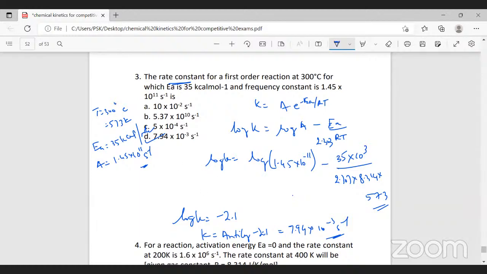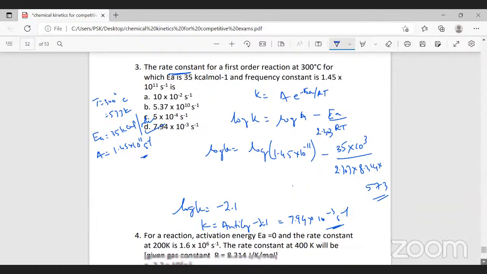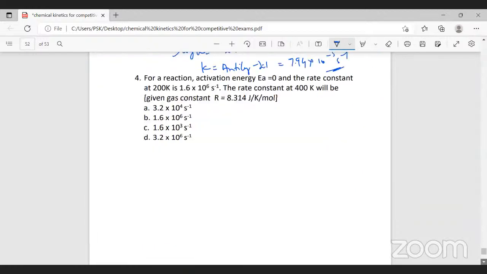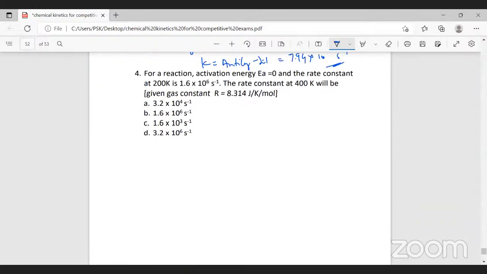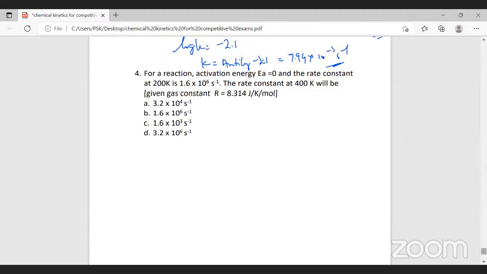All right. The next question. For a reaction, activation energy EA is equal to 0, and the rate constant at 200 Kelvin is 1.6 into 10 to the power 6 per second.